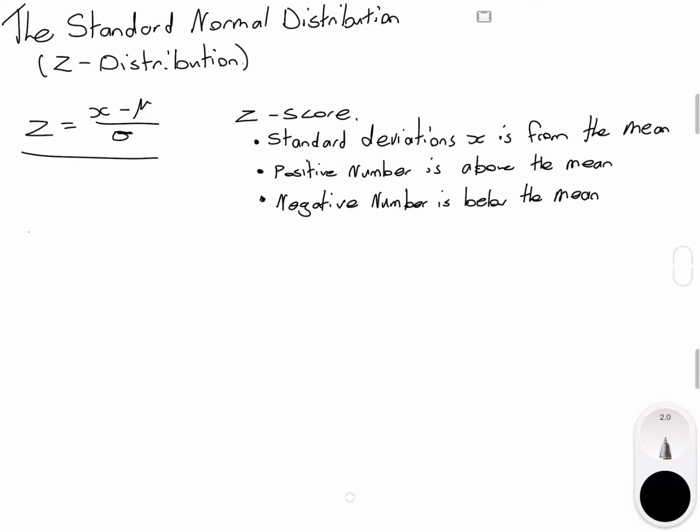So we've got a mean equal to 0 and a standard deviation equal to 1. And we could say that that is Z.